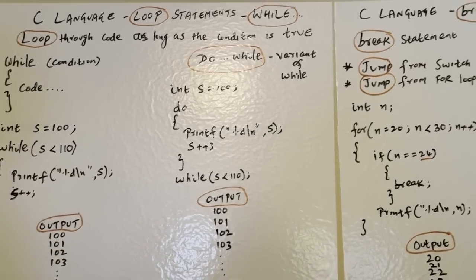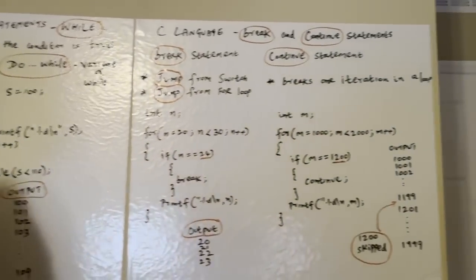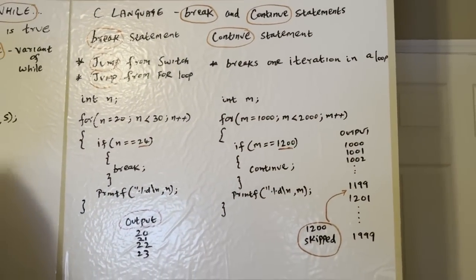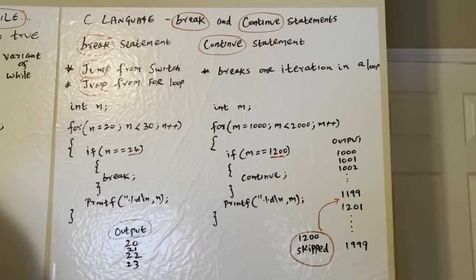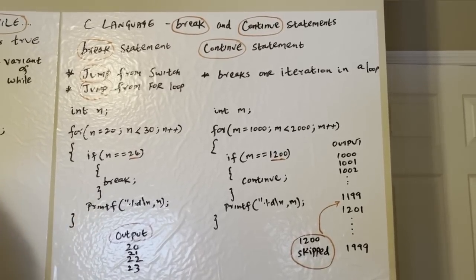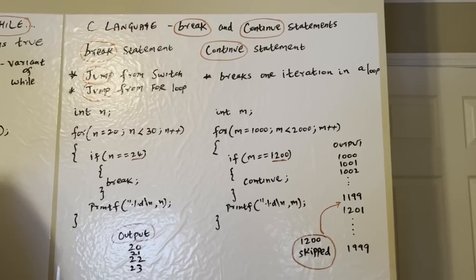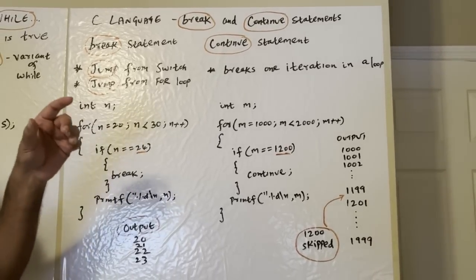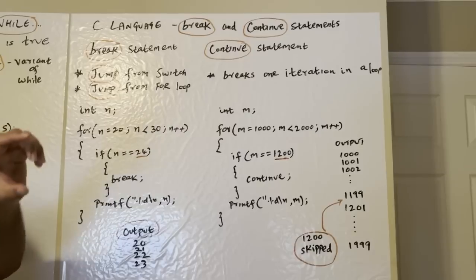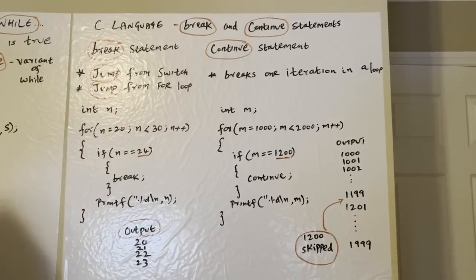Okay, next, there are two important statements that are used inside the loops. We have the for loop, if-then-else, while loops, do loops, and the switch statement. Last time we discussed the switch case, where you write a block of code for case 1, 2, 3.